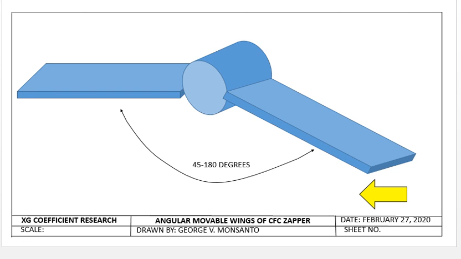Now, the idea of movable wings aim at focusing its reflective surfaces to receive the sun's rays and redirect them at CFCs trapped between or beneath the ozone layer.